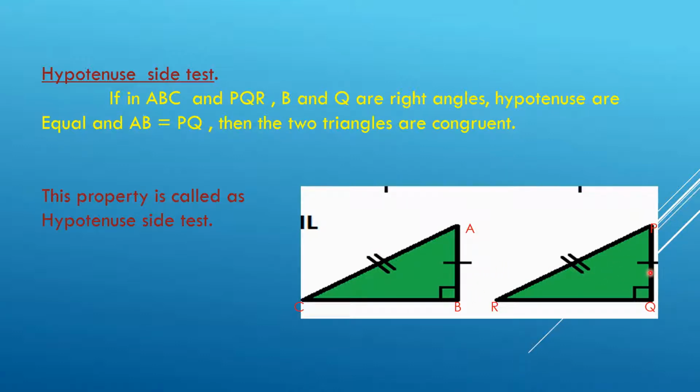That means in a right angle triangle, the hypotenuse and one side of one triangle are equal to the hypotenuse and one side of another triangle, then the two triangles are congruent. This property is called the hypotenuse side test.